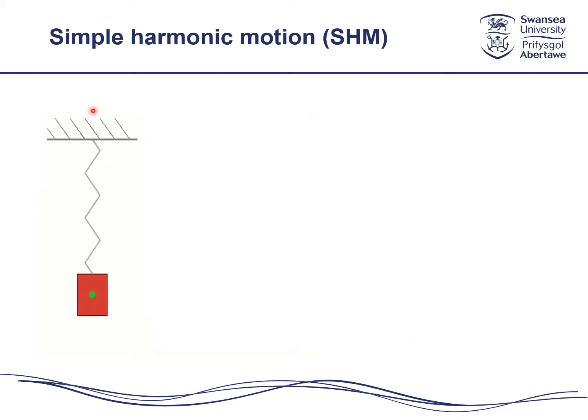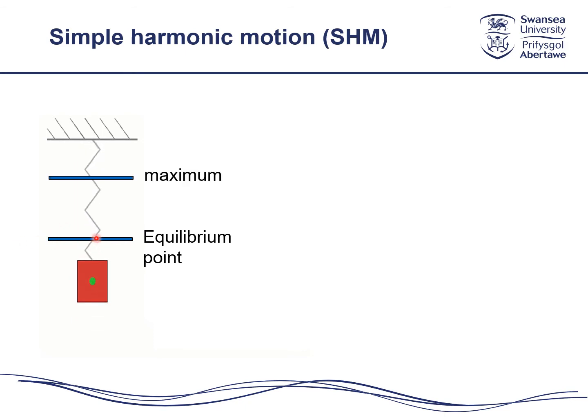If we look at this mass oscillating on a spring a little bit more closely, we can define the equilibrium point. There is a maximum displacement in the top direction from the equilibrium point, and there's also a minimum displacement in the bottom direction, and this mass will oscillate back and forth around this equilibrium point forevermore.